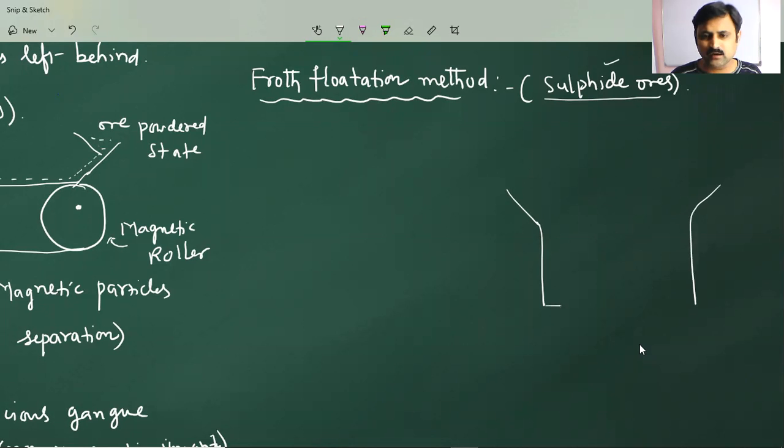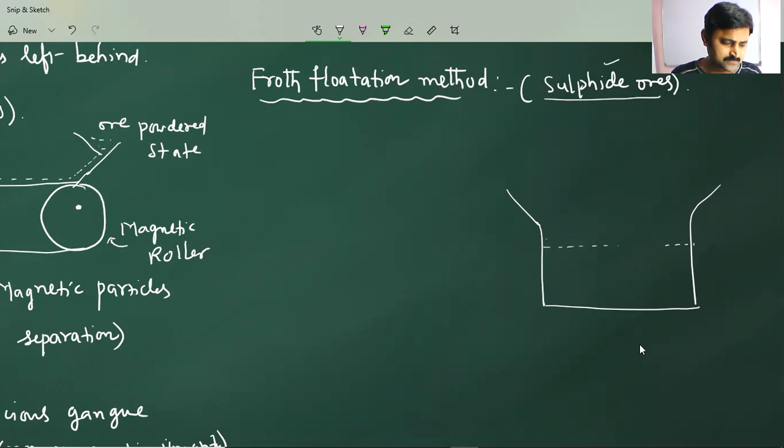Like this, a container is there, and in this container there is a suspension of ore with gangue particles.